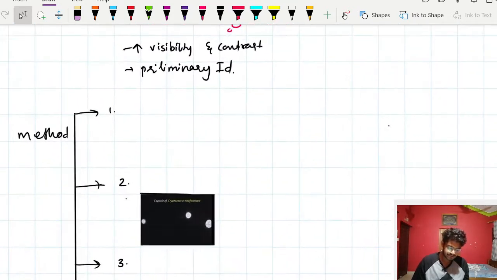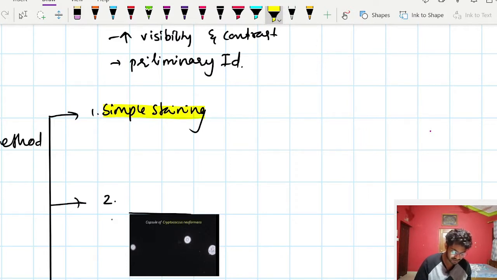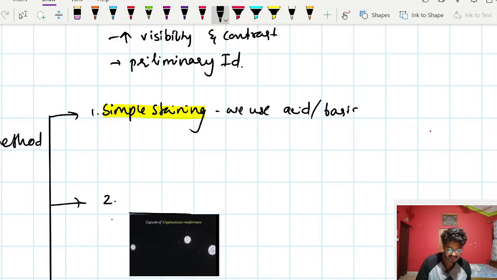So the first one is none other than simple staining. In simple staining, what we do is use a common acidic or basic dye.